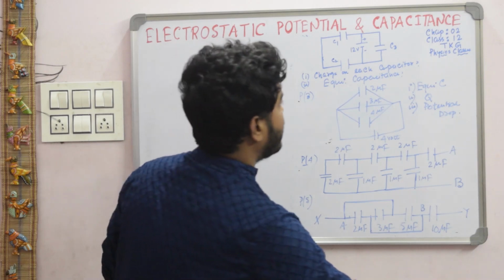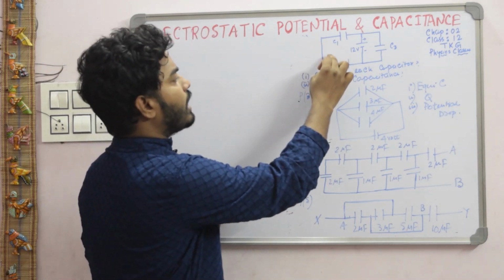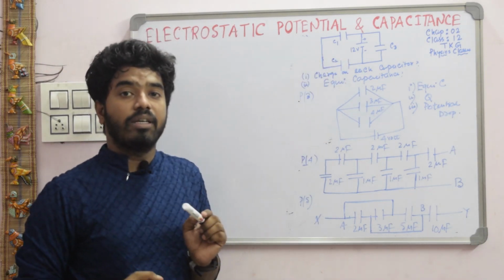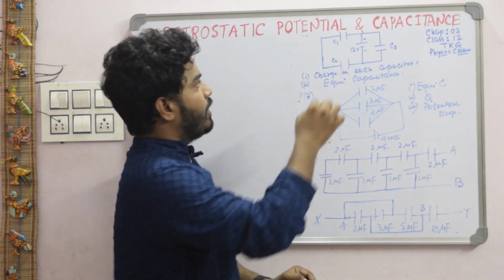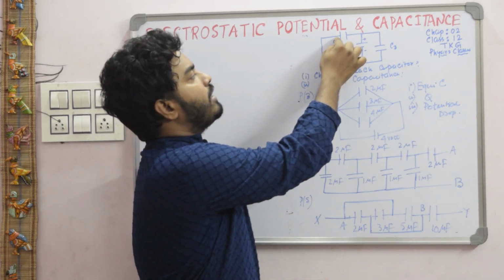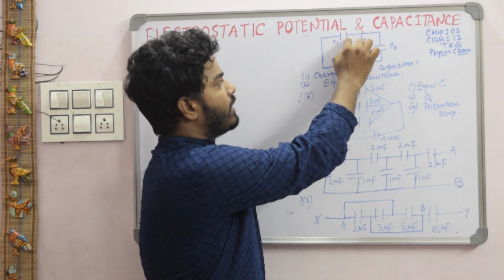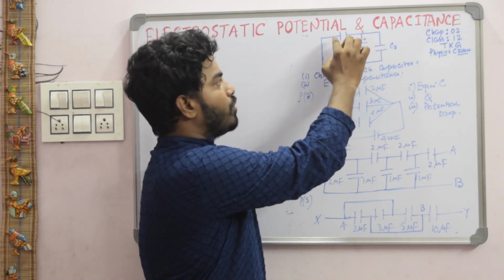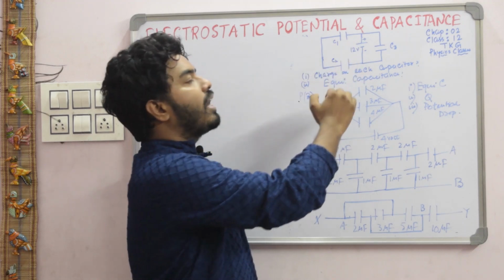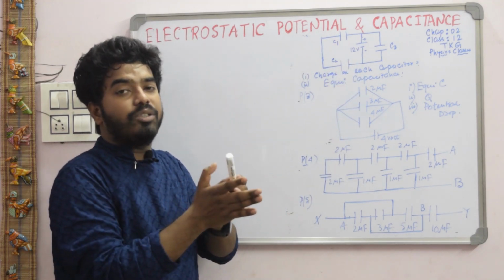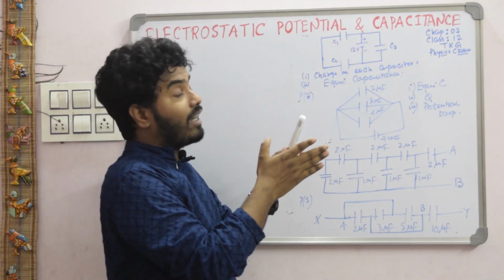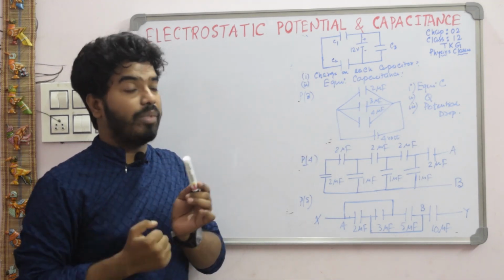First, check in which combination C1 and C2 are connected, series or parallel. This plate is connected to the other plate of another capacitor, but this plate is connected to the potential. So we can say C1 and C2 are connected at one end to each other. So this is a series combination.